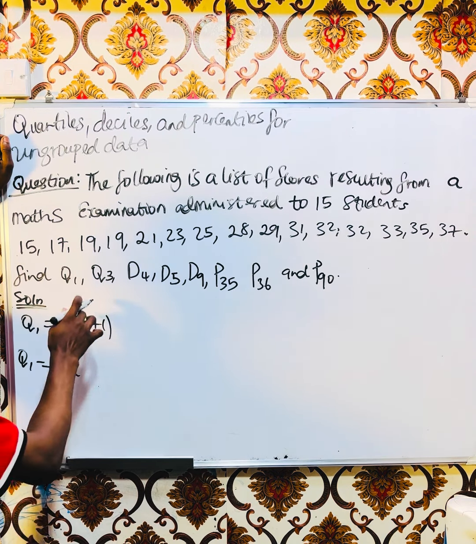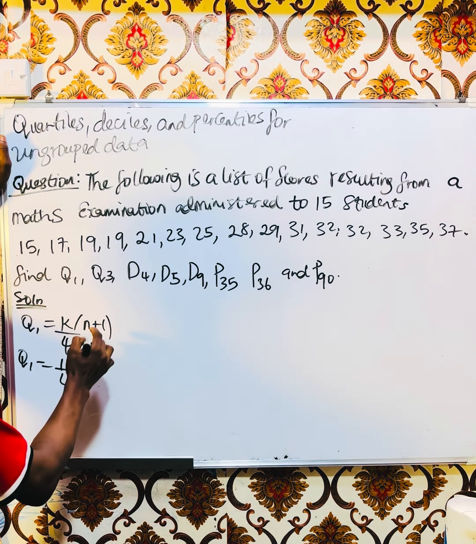N is how many items are here: 15. So Q1 is 15 plus 1, which is 16, over 4, which is 4. This shows us that Q1 is in the fourth position. Let's check the fourth position: 1, 2, 3, 4. So Q1 is 19.